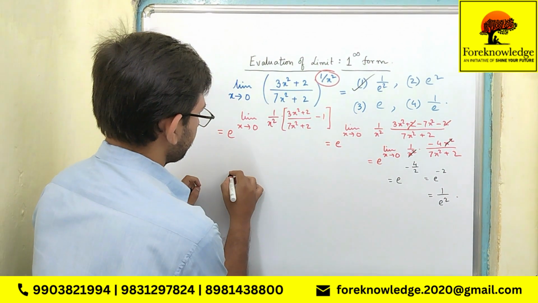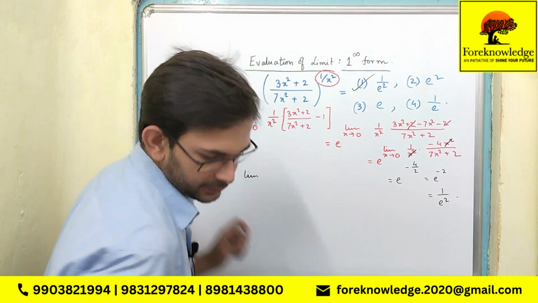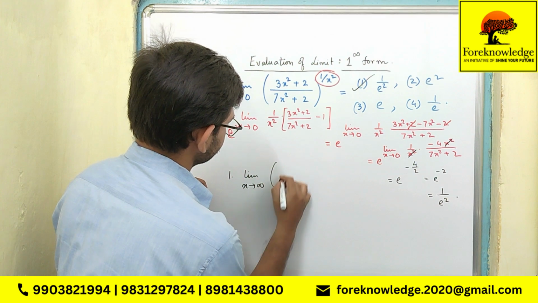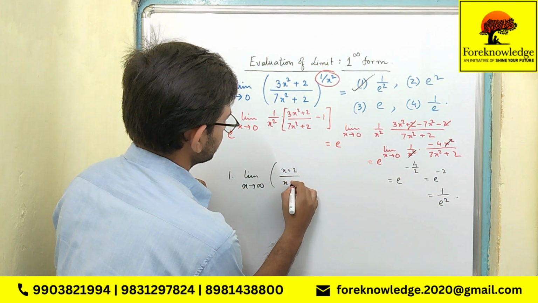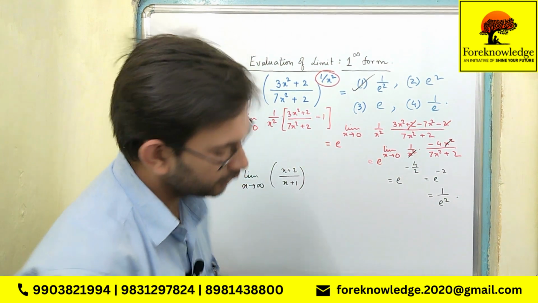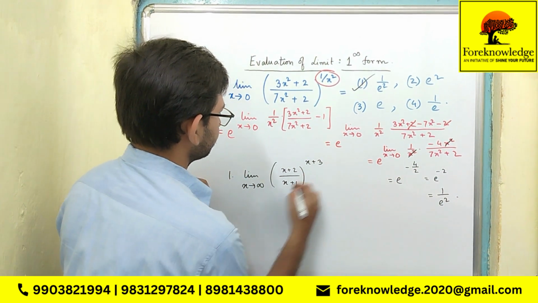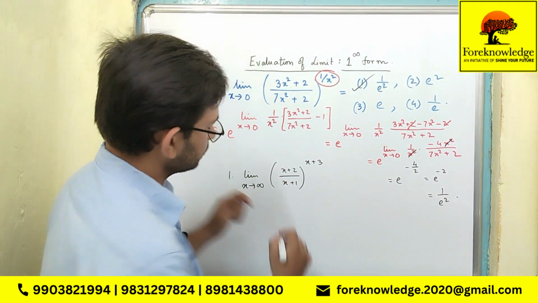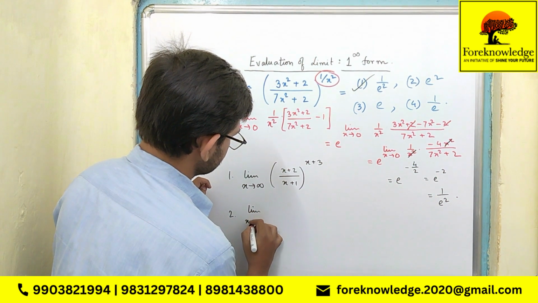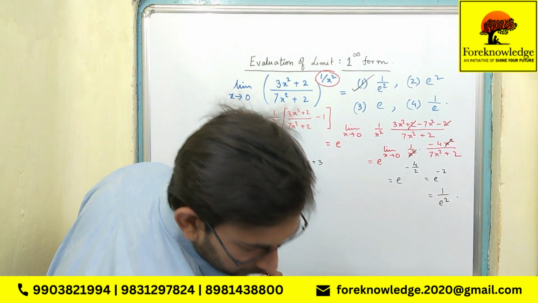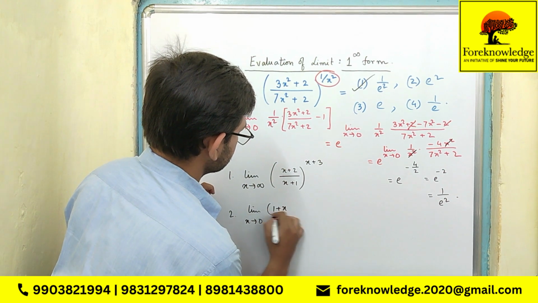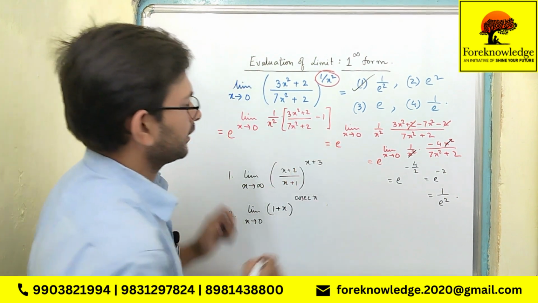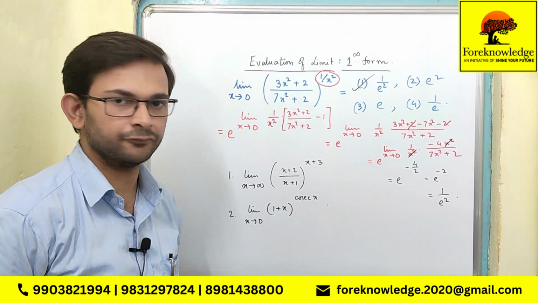Number one, limit x tends to infinity, (x plus 2 by x plus 1) all to the power x plus 3. And number 2, limit x tends to 0, (1 plus x) to the power cosec x. These two I want you to solve.